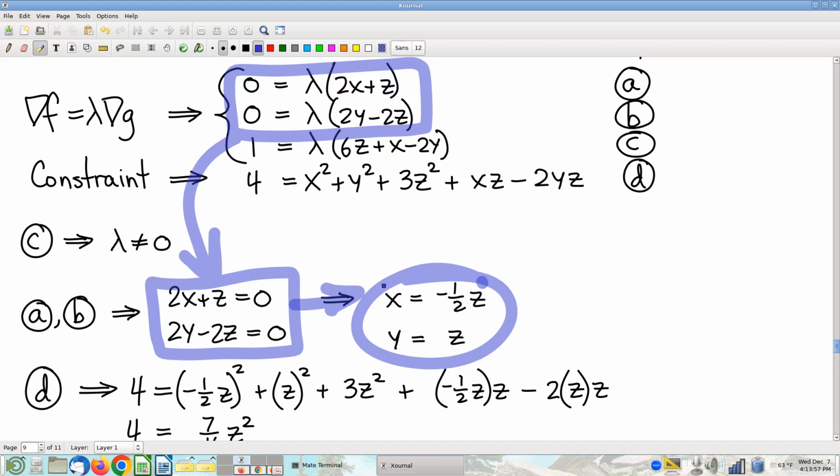I glossed over an important point. Going from up here to down here, I canceled the lambda. You can't just go around canceling stuff. Canceling means dividing. You can't divide by 0. If you divide by 0, you're going to get into trouble.